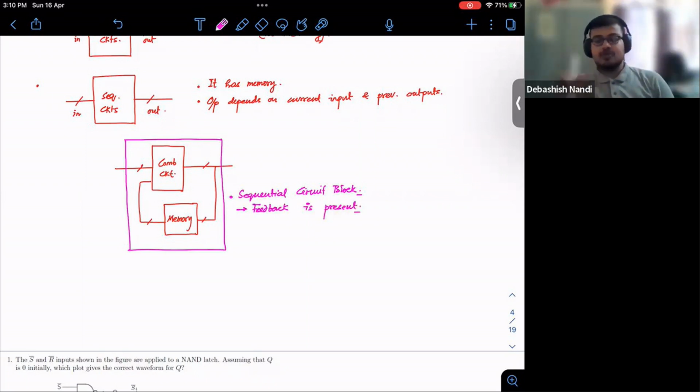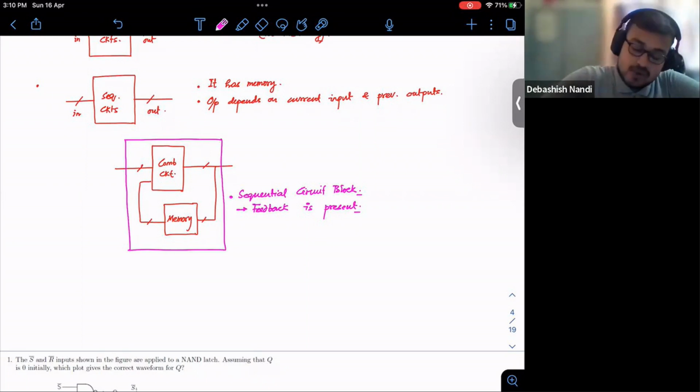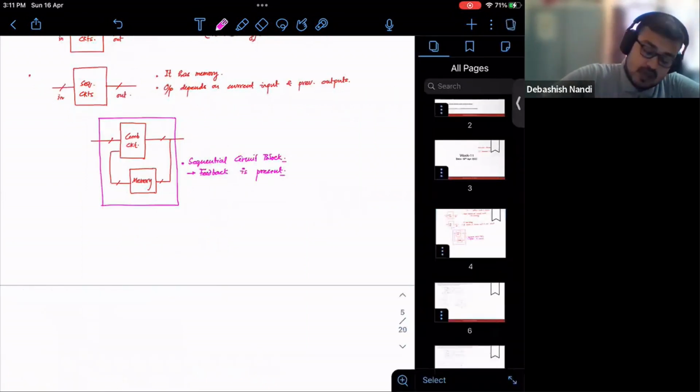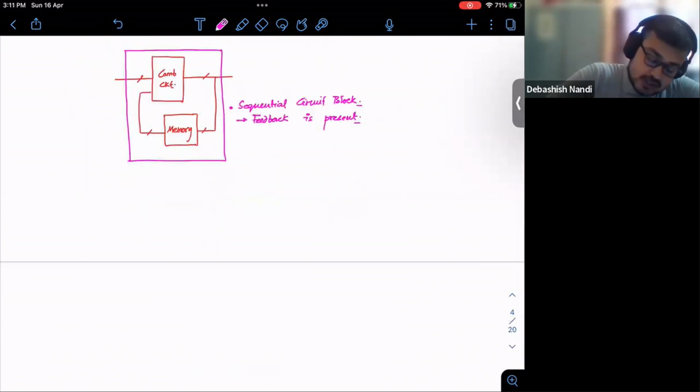Okay. So why do you need sequential circuits? This is your storage element, right?